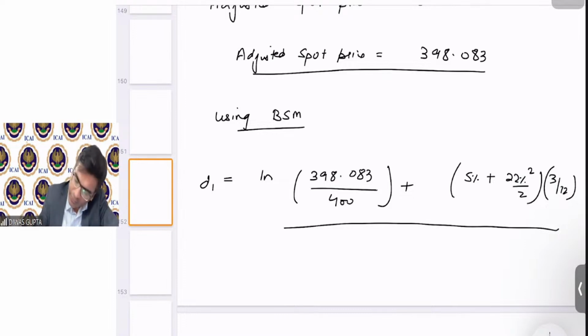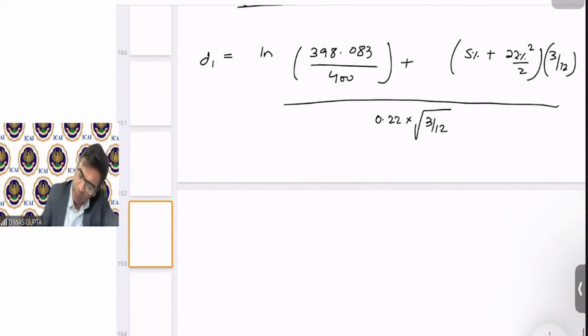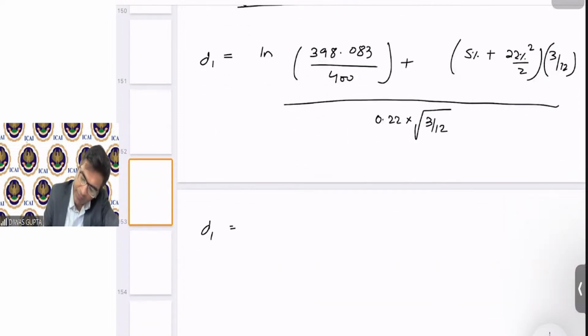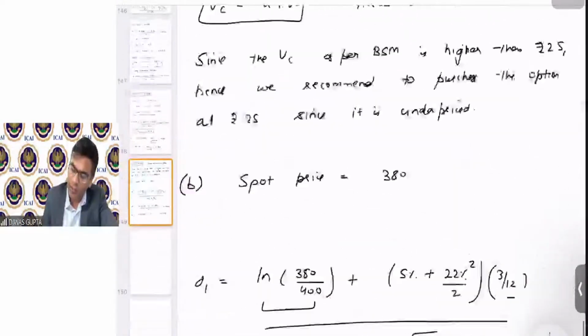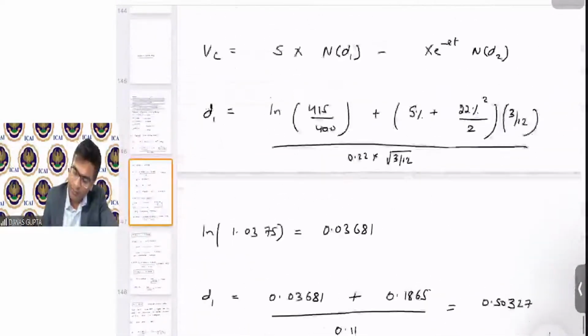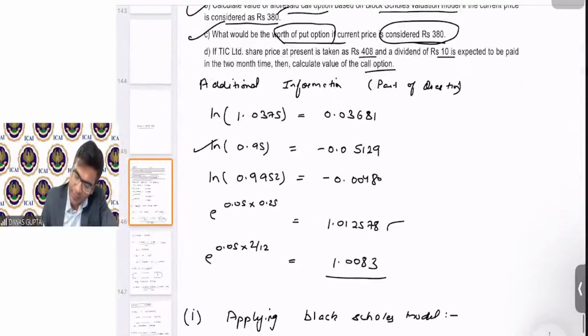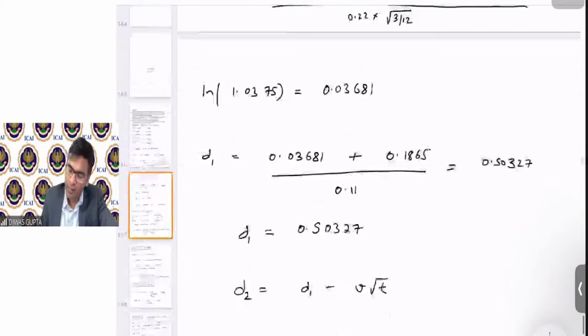Okay, perfect. Under root of 3 by 12. So D1, the natural log of this figure is also given in the question. I think the last natural log which we have not used till now is this, 0.9952, which is minus 0.00480.